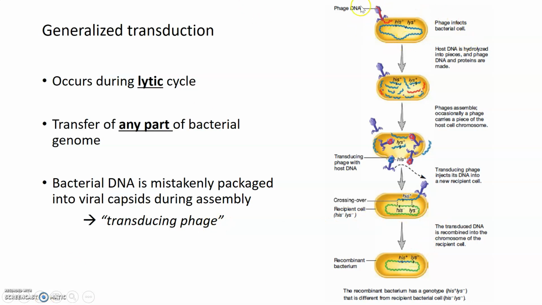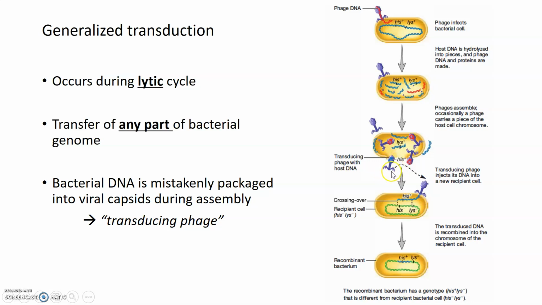And so when a bacteriophage infects this bacterial cell, as you can see on the top, the viral DNA is entered into the cell, and the host DNA, that bacterial chromosome in blue, is degraded into smaller pieces. And then as these pieces of DNA are multiplying and new viruses are being assembled here, there is an occasion where some pieces of bacterial DNA in blue get packaged mistakenly into a new virus particle.